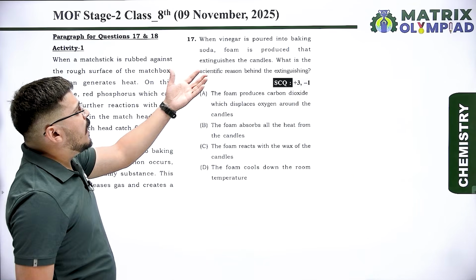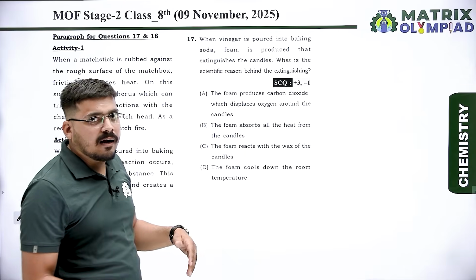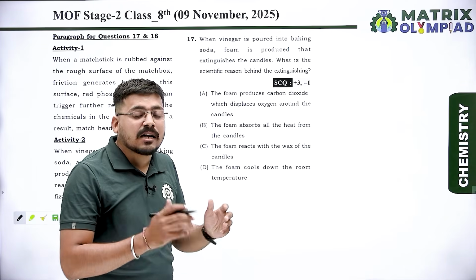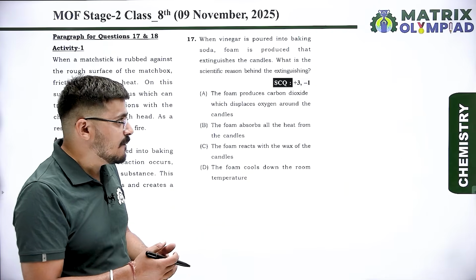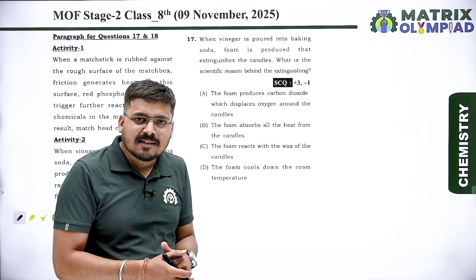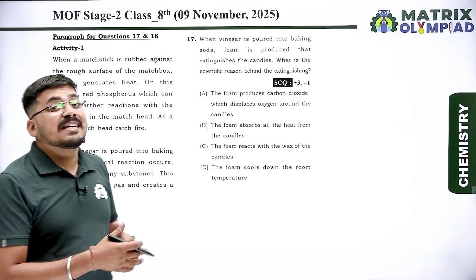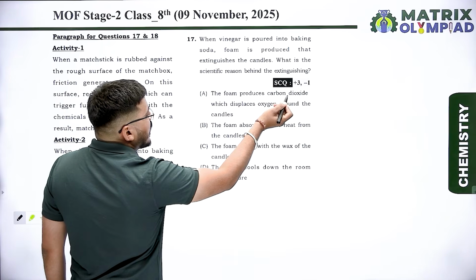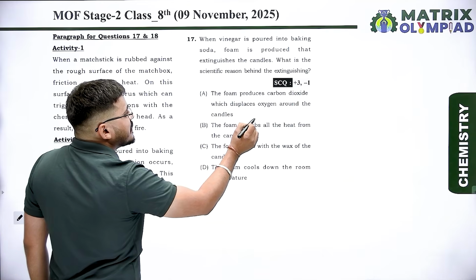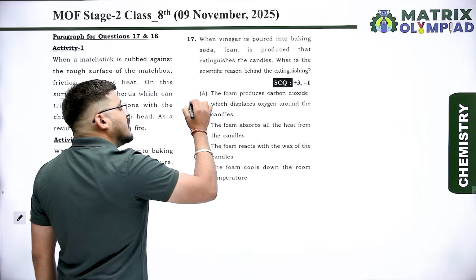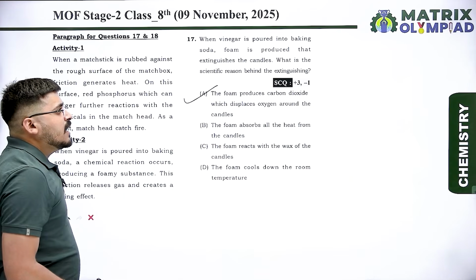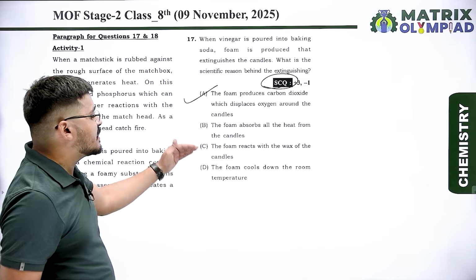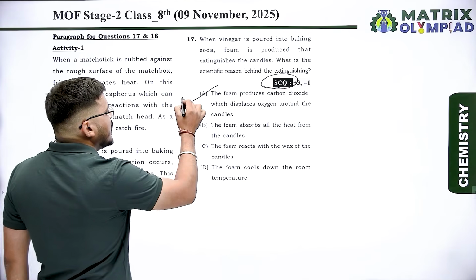We know very well, and in the last questions we had understood, that when vinegar reacts with baking soda, it forms carbon dioxide gas, which produces a fizzing sound. Option A, the foam produces carbon dioxide which displaces the oxygen around the candle. Yes, option A is correct. And this is a single choice question, so there is no need to check options B, C and D.